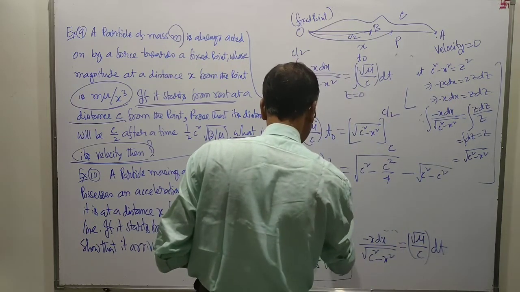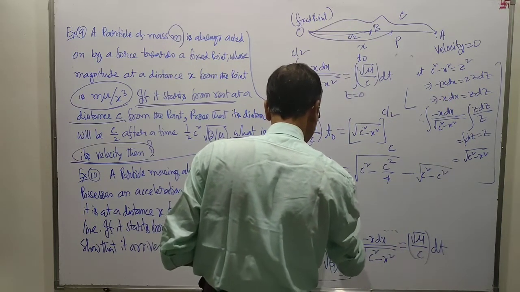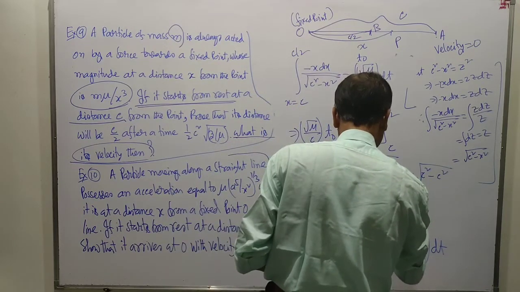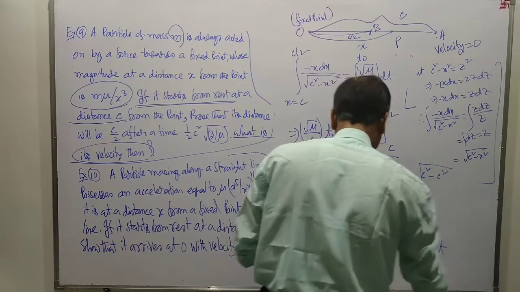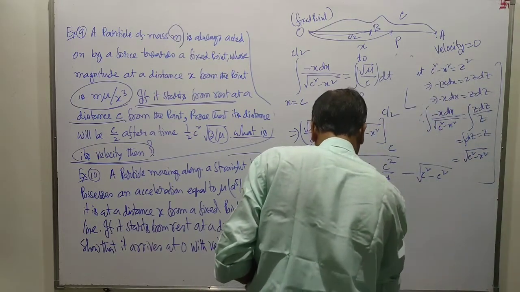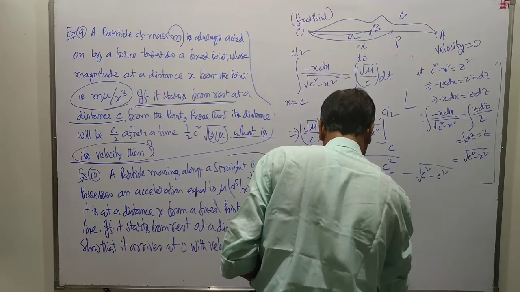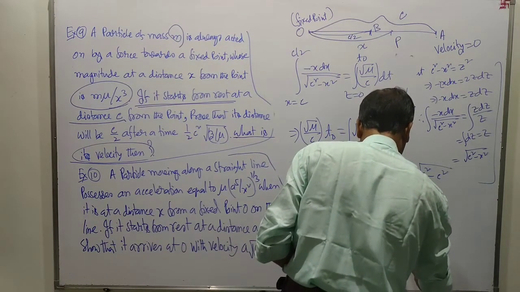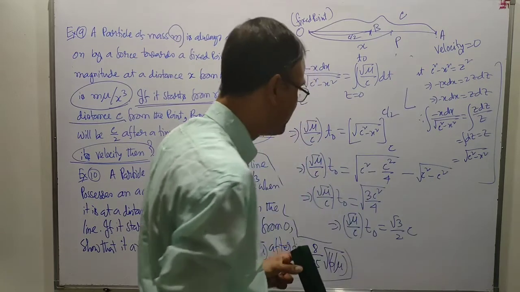This means root over mu by c t naught is equal to thrice c square by 4 under root. This means root over mu by c t naught equal to root 3 by 2 into c.